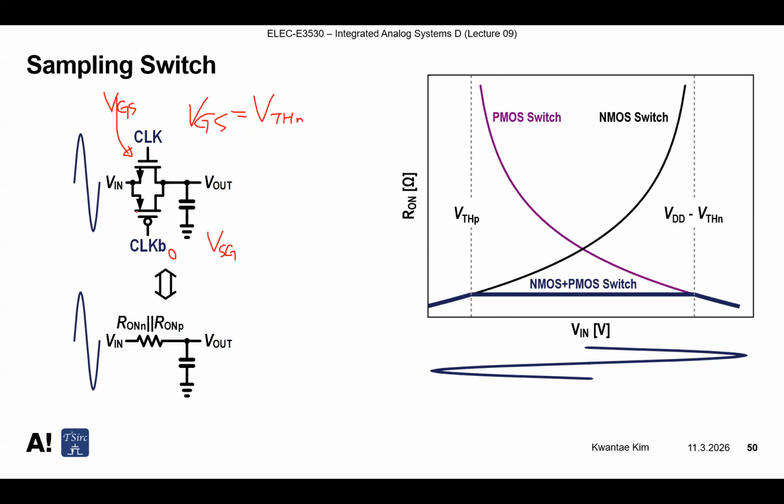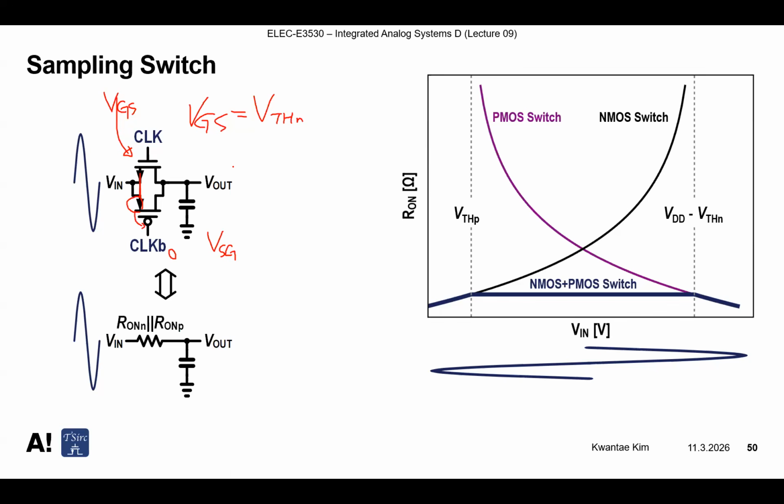So source voltage should be higher than the gate voltage. But as we decrease the V in voltage, as it touches V threshold of the PMOS, then the PMOS turns off and its on resistance goes to a very, very high value.